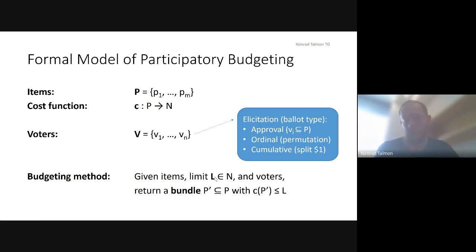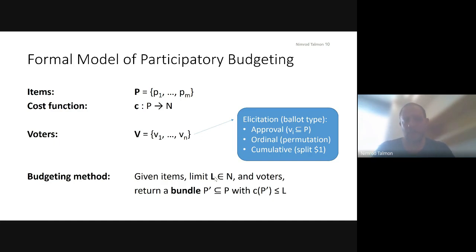And in participatory budgeting, this is the same. The informal setting is that you want the output bundle, the set of projects that the city will eventually fund, to be appropriate to the voters' preferences. And how exactly to make this a mathematical notion, this is something that we shall decide.